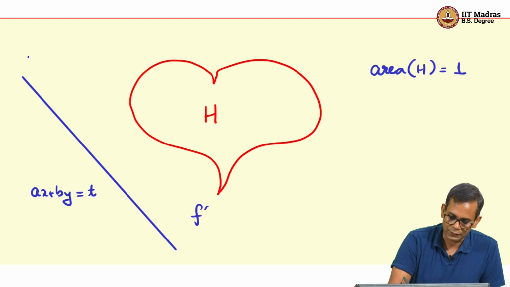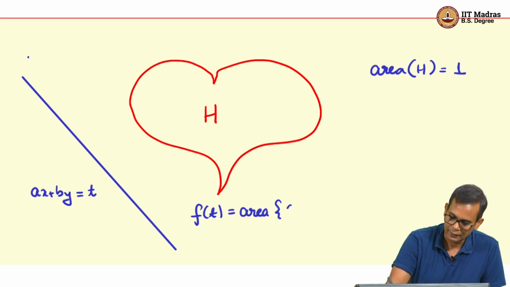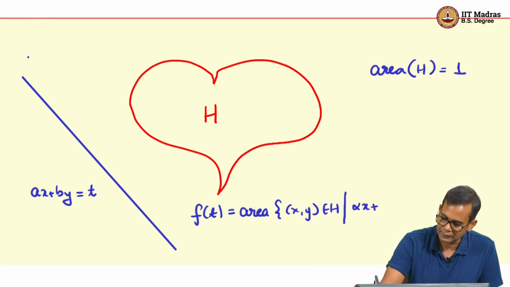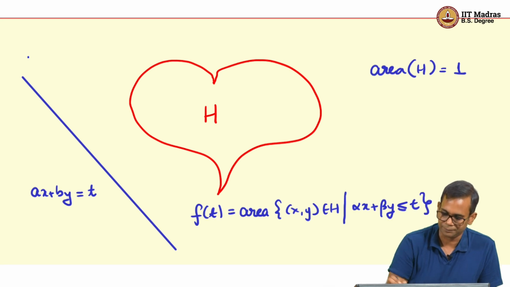Let f(t) be the function whose value at t is the area of the region (x, y) in H such that alpha x + beta y is less than or equal to t.